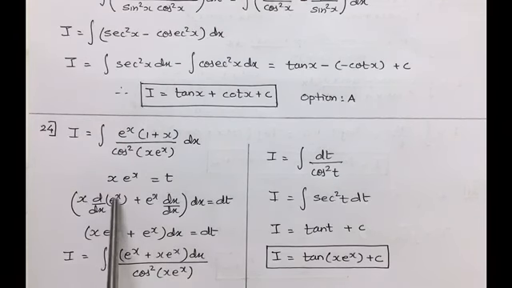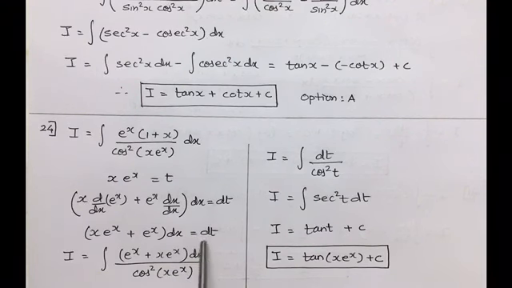Now the derivative of e raised to x is e raised to x. Derivative of x upon x will be 1. So we get here x e raised to x plus e raised to x dx is equal to dt. Now in the example, in the numerator, multiplying e raised to x inside, we get e raised to x plus x e raised to x dx whole divided by cos square x e raised to x.